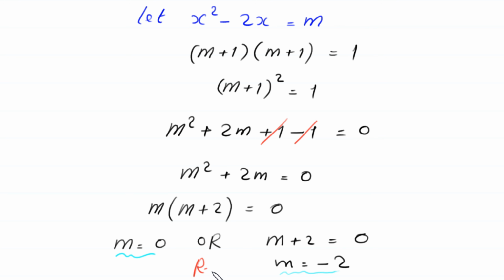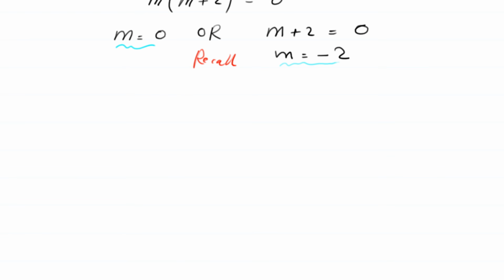Now recall that x squared minus 2x is equal to m.